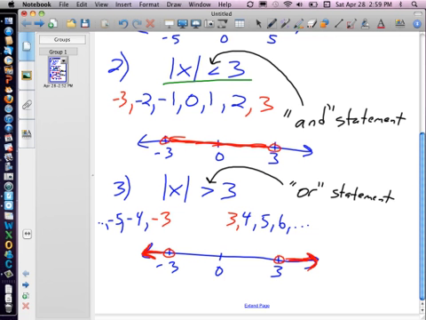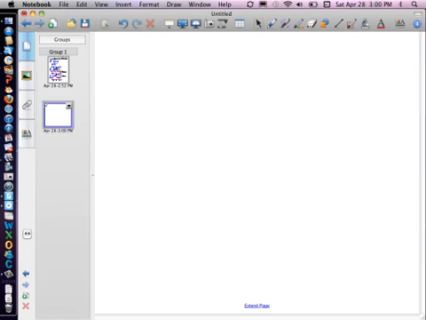Then you'll find that it fits inside as an AND statement, and you shade on the inside of the boundaries. Again, once you do the absolute value of x is greater than some number, you'll find that it is an OR statement because the boundaries are set and you shade to the outside. And naturally, problems are going to get more difficult. So, not too bad though. Once you have that main idea, I think it shouldn't be so bad.